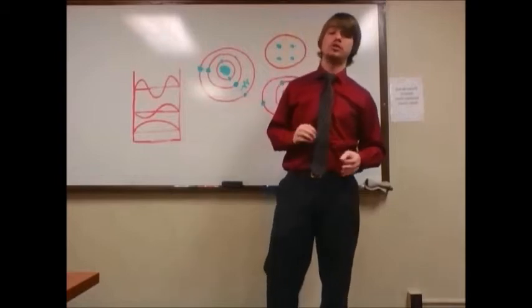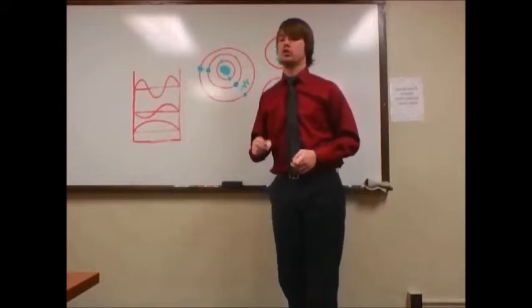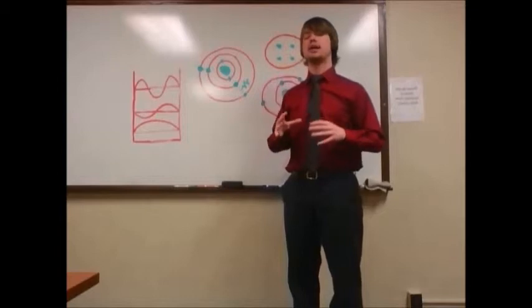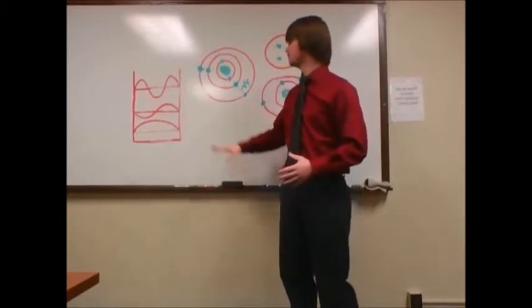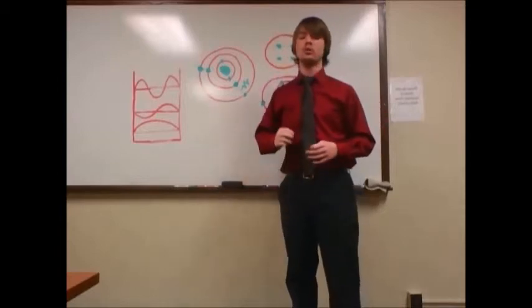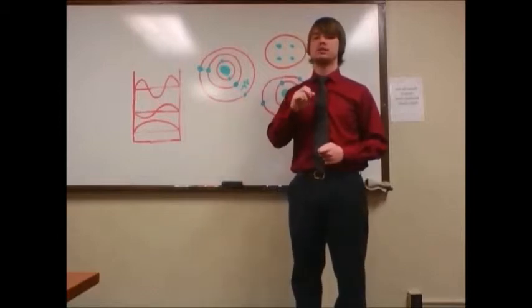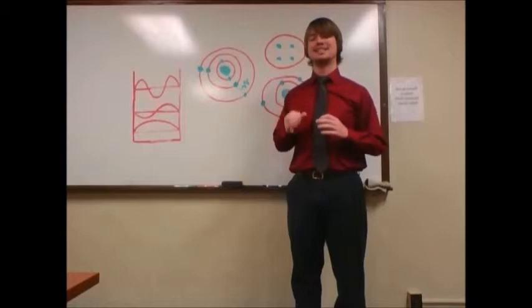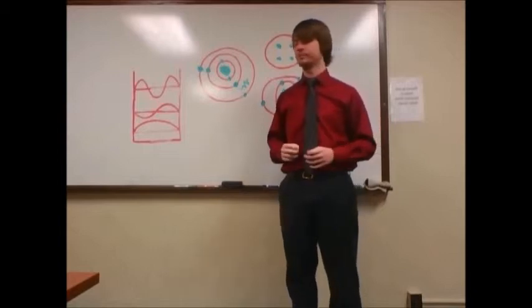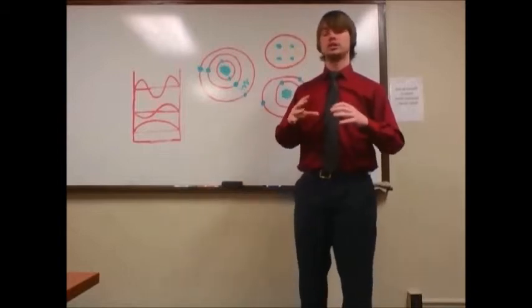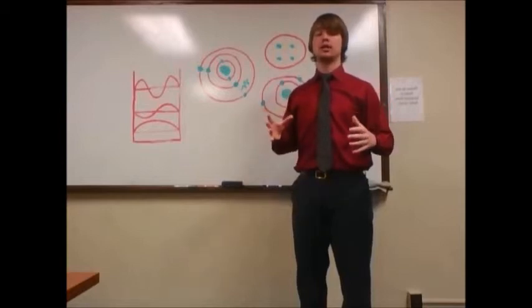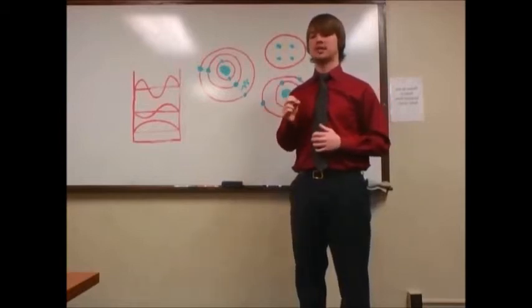Niels Bohr, a student of Ernest Rutherford, took this quantum theory and applied it to Rutherford's atomic model, seen here. What Bohr believed was that the electrons that orbit the nucleus must take on standing wave orbits. In other words, only discrete orbit values were allowed if that orbit was able to form a standing wave.